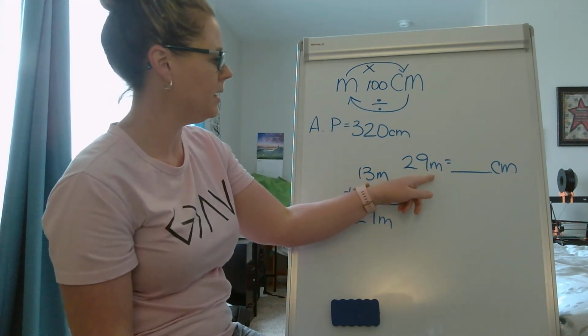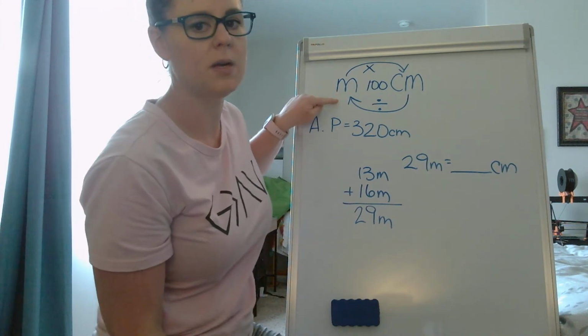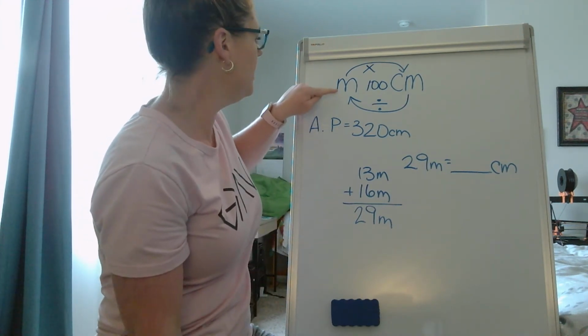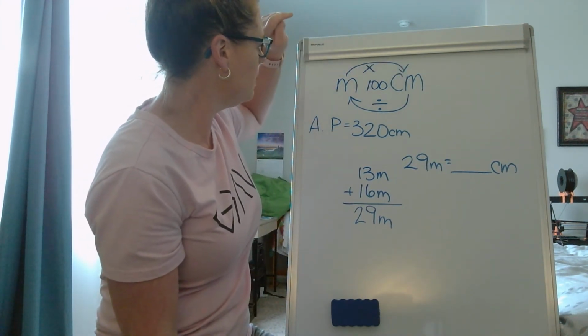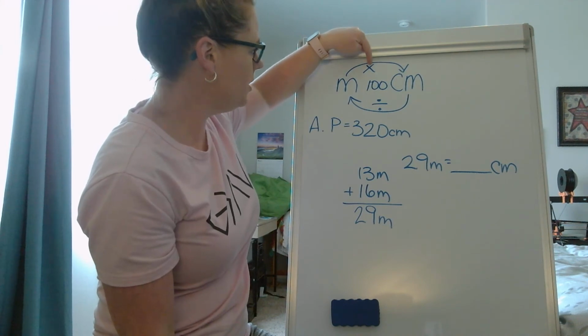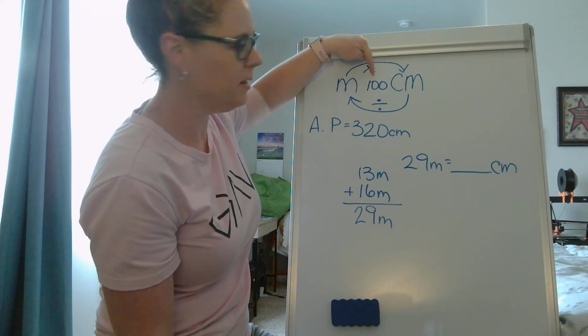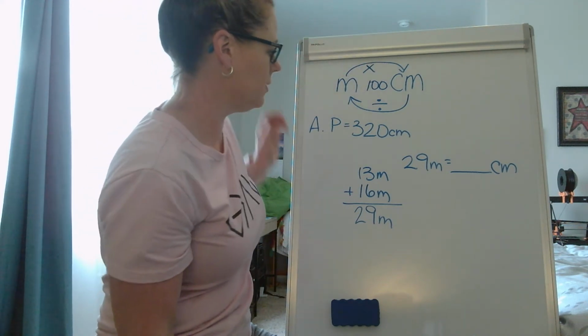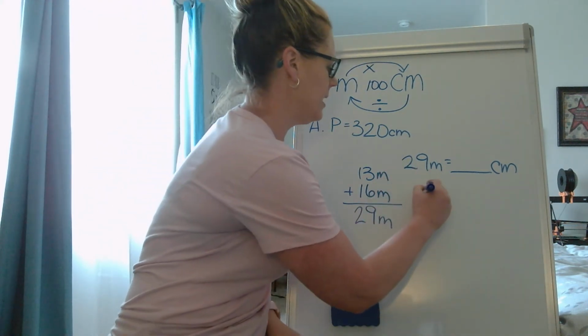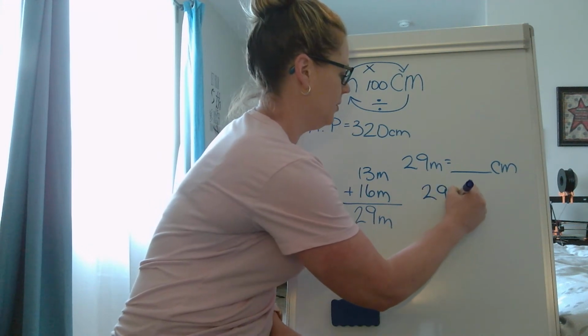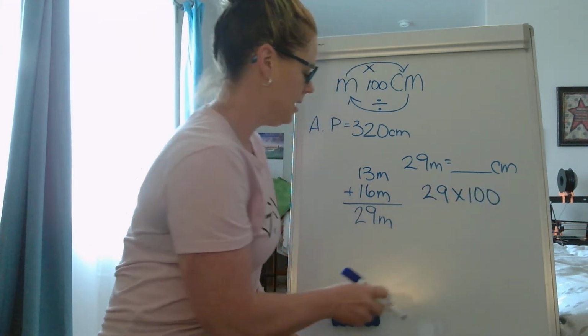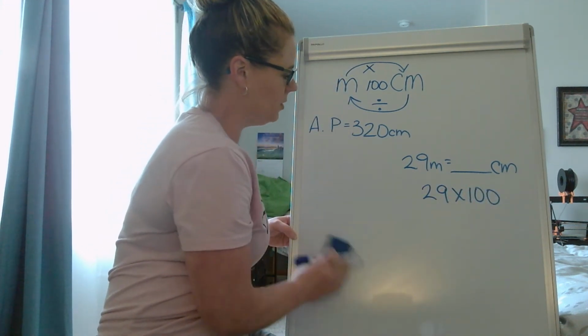So we're going from meters to centimeters. So we go up to our code up here, meters to centimeters. We multiply by 100. Okay, multiply by 100. So if I take 29 and I multiply by 100, think about our zeros trick.